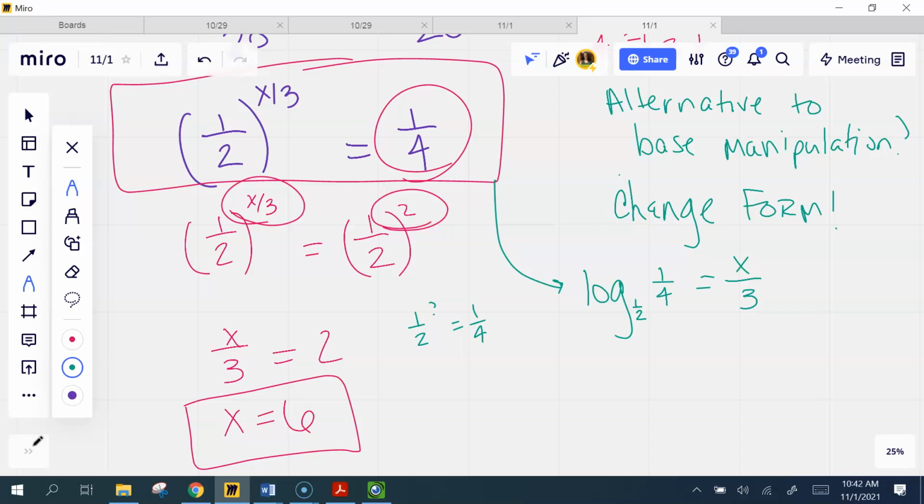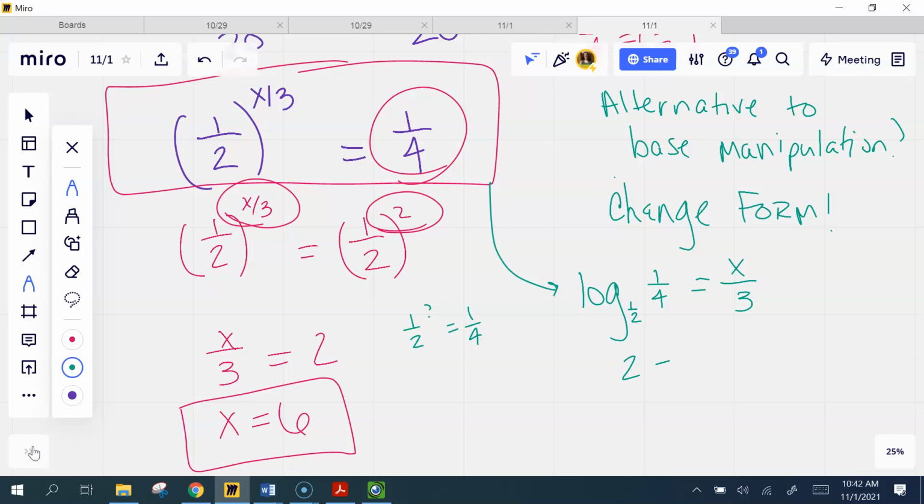So log base 1/2 of 1/4 is 2. I'm back to the exact same equation. Another way to look at it there.